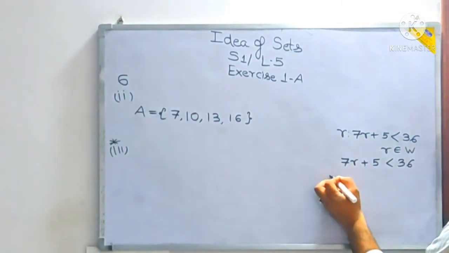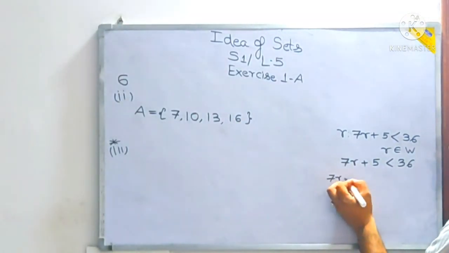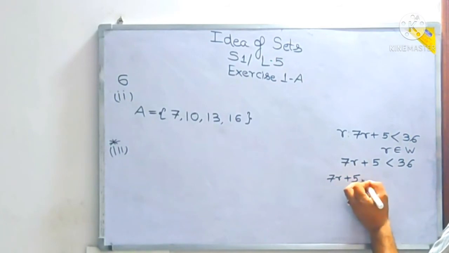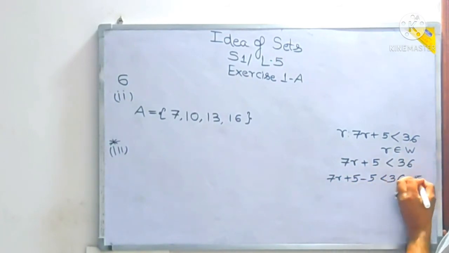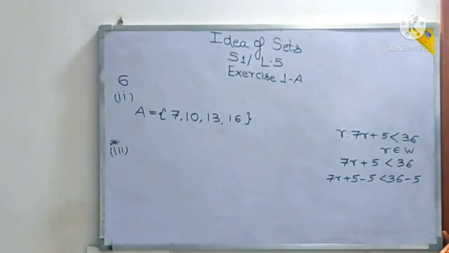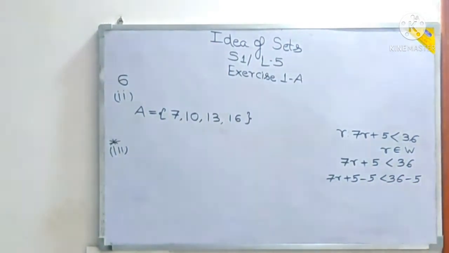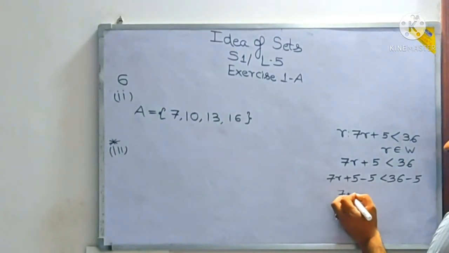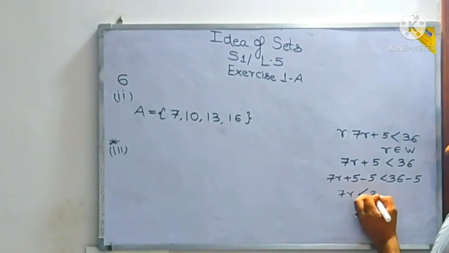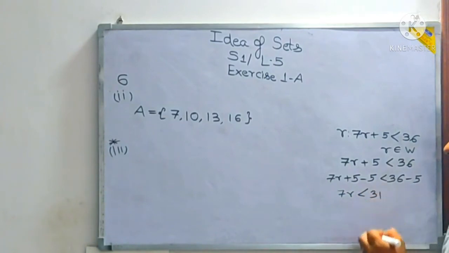So if I subtract, 7R plus 5 minus 5 is less than 36 minus 5. Is it clear or not? That means plus 5 minus 5, 0. So 7R will be less than 36 minus 5 is 31.